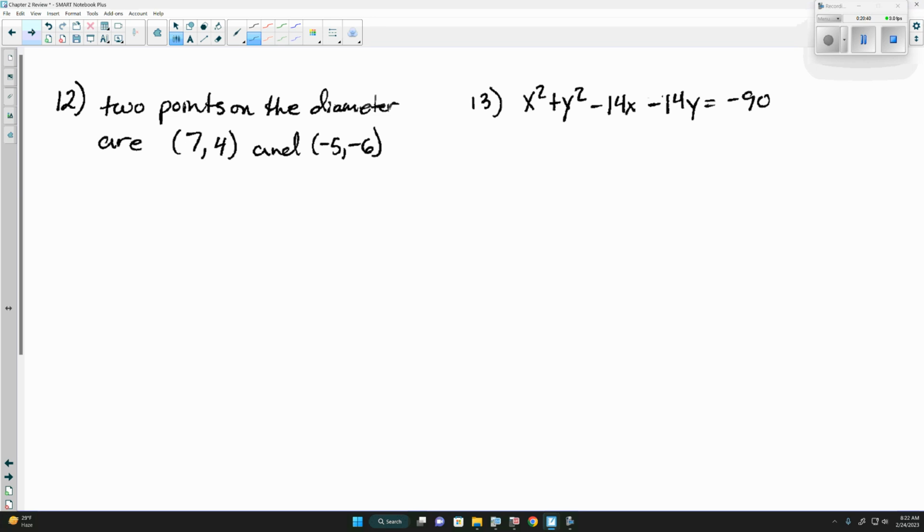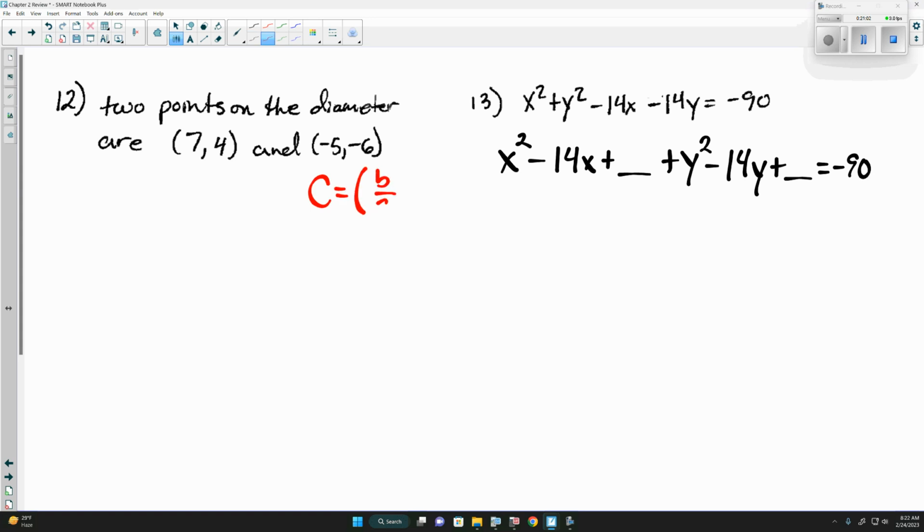The first thing I would do is get the x's together, the y's together, and set up so that we can plug in our values of c. Now again, in both cases, c is b over 2 squared.